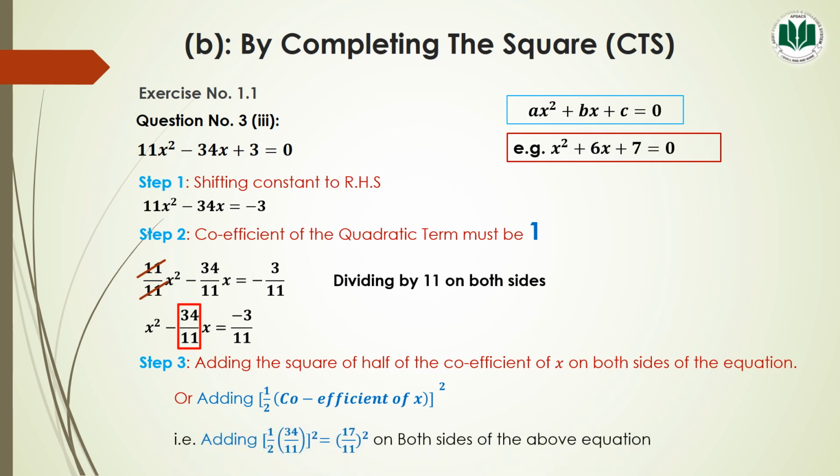That means add half of 34 by 11, whole square, on both sides. Now by simplifying half of 34 by 11, we will get 17 by 11 whole square. So step 3 is: half the coefficient of x, then take the square, simplify it and add it to both sides of the equation.